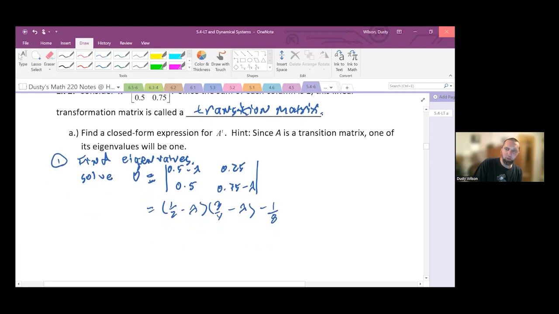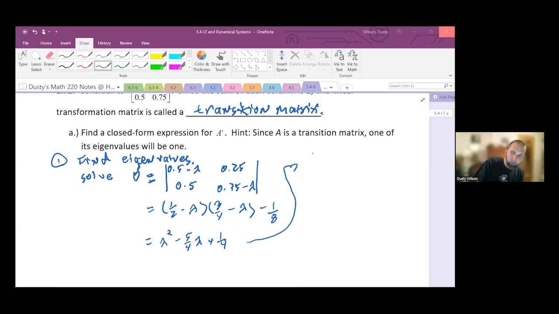We could multiply all the stuff out, and we would get lambda squared minus 5/4 lambda plus 1/4, again all equal to 0. This is telling us that 0 is equal to 1/4 times (4 lambda squared minus 5 lambda plus 1). Or I guess we can drop the 1/4 by multiplying both sides by 4.